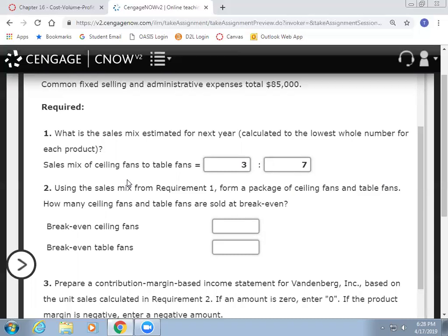There's just a little more involved work in the sales mix. So for break even on ceiling fans, 768 times 3 is 2,304. And for table, 768 times 7 is 5,376.